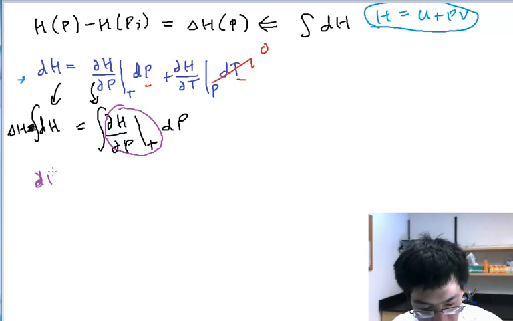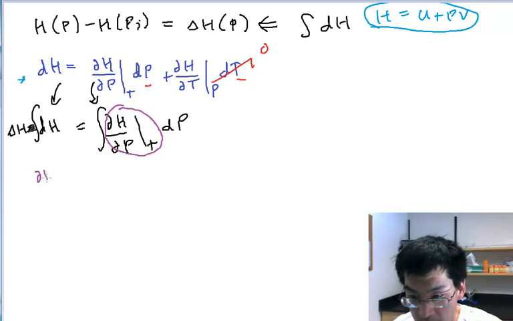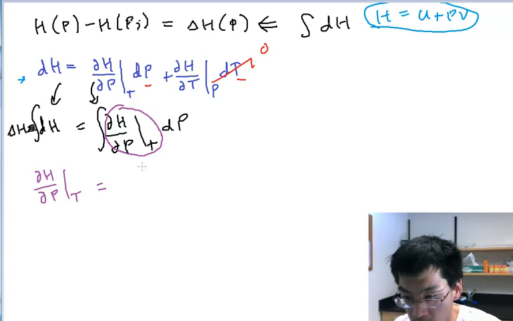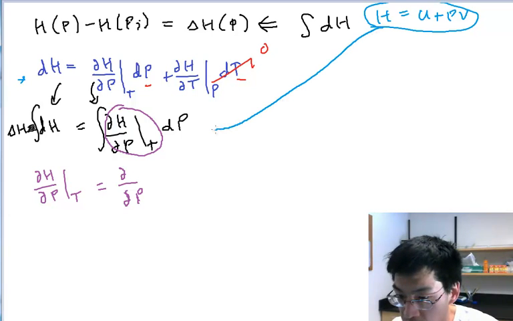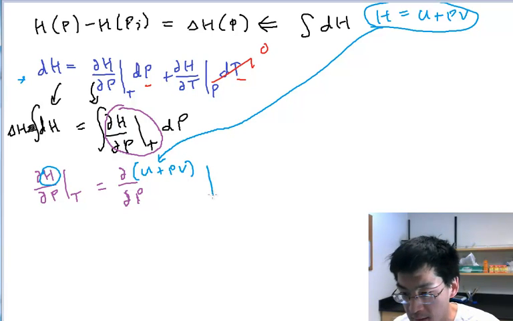Oops, sorry about that. That should be a del. So del H del P at constant t equals, there is a way for me to find out what that is because I have this here. This H is equal to U plus PV. So instead of this H, I'll just put here U plus PV, like that. And this is all at constant t.